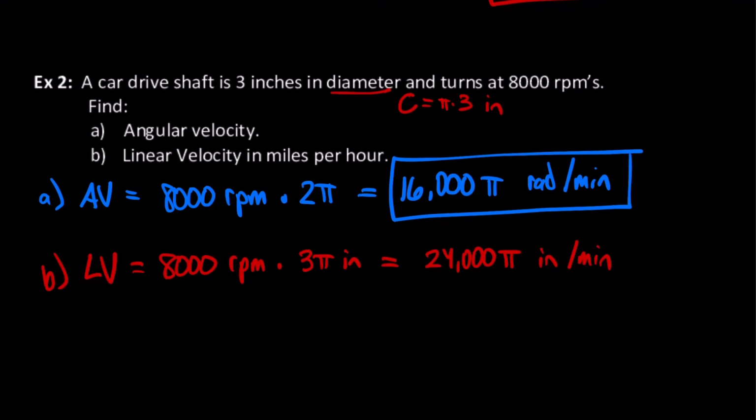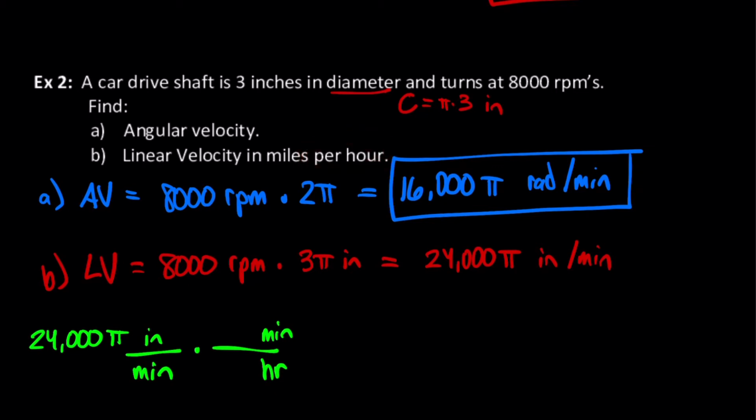So I'm going to take this down below and create some conversion factors. I've got 24,000 pi inches per minute. It doesn't matter to me what you want to convert to first. Let's get our hours. So I need a fraction that's got minutes on the top, hours on the bottom, because it needs to be per hour. That's in the denominator.